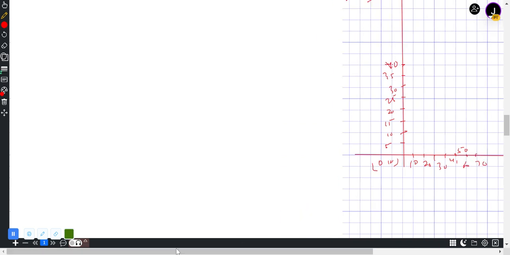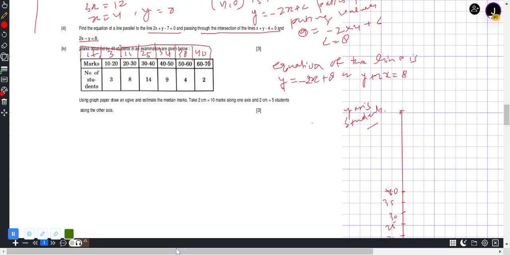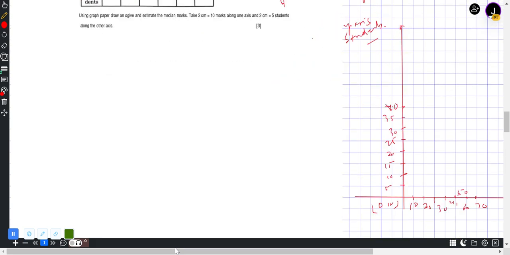From 10 to 20 there are 3 students. So 3 will be somewhere here. We'll take the upper boundary, so the first point is 20 and 3.